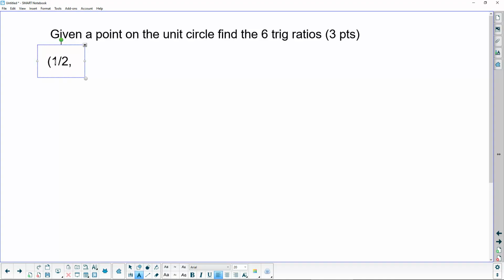So let's use one of those ones. Let's say 1/2 and negative root 3 over 2. I have to put a root on there. So let me do that. Okay, so that's pretty straightforward.